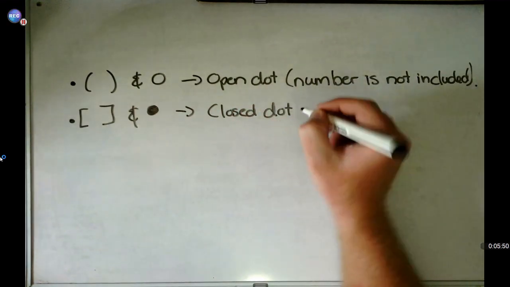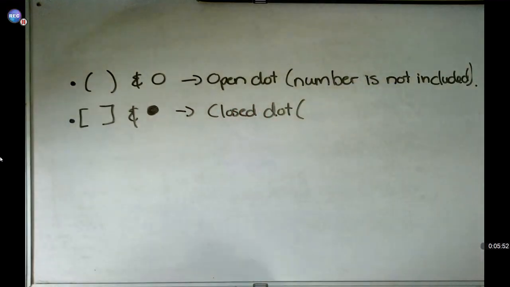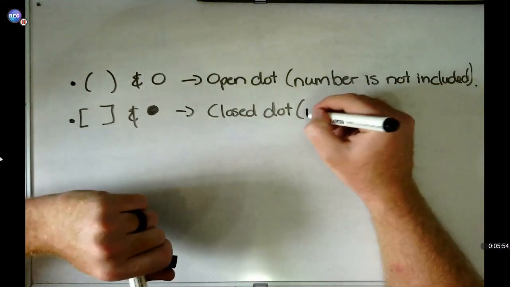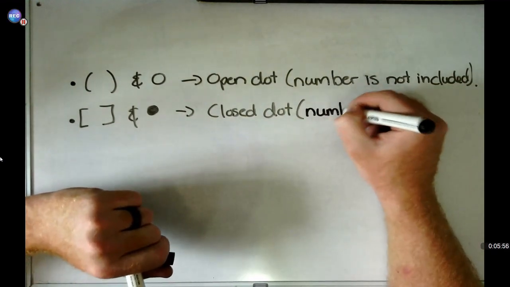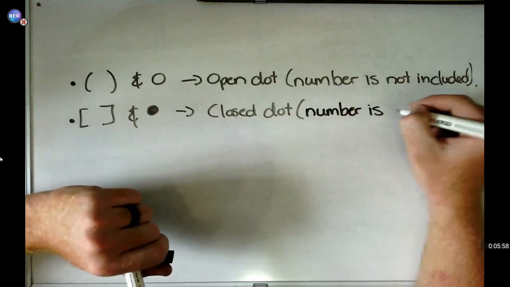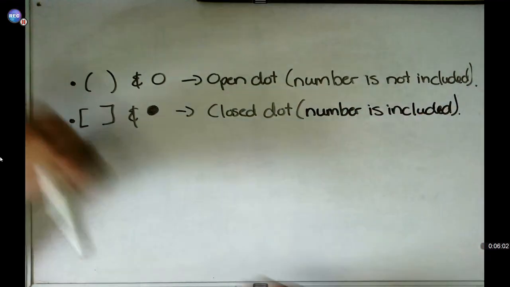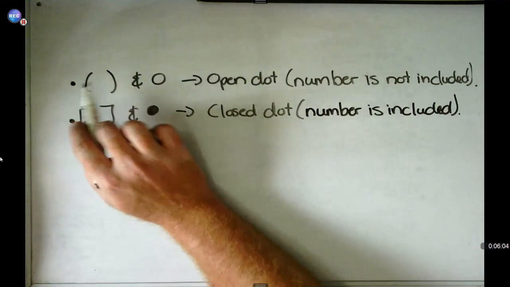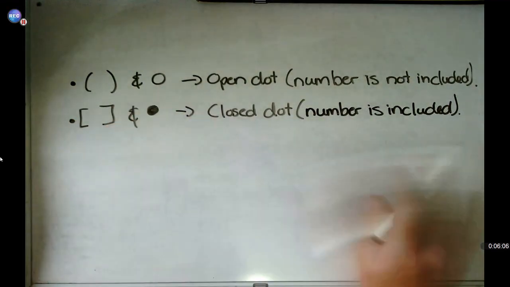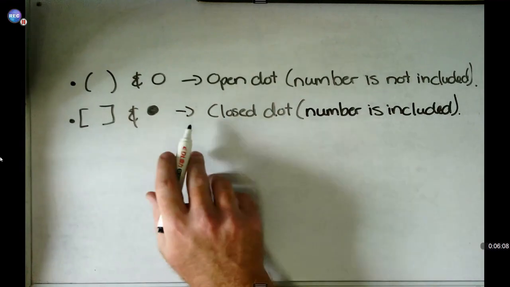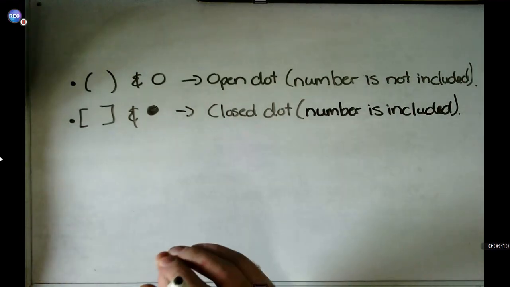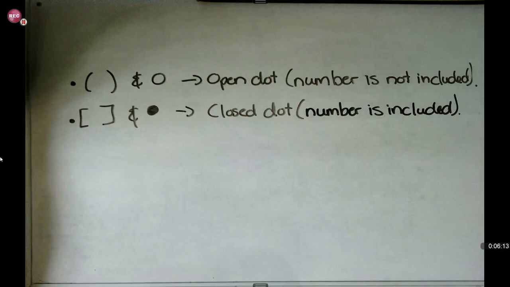And that closed dot represents the fact that the number is included. So curved brackets, open dot, not included. Block brackets, closed dot, included. Okay, you need to understand that. It's very important, and I'm going to show you now why.